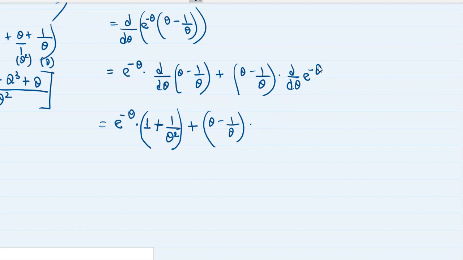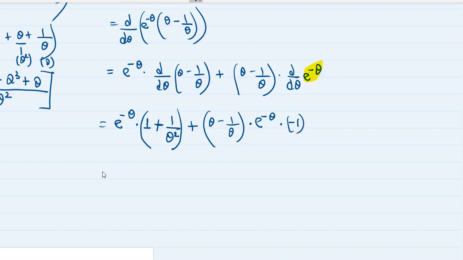So d by d theta of e raised to theta is nothing but e raised to theta, so we'll write this whole thing as it is, multiplied by e raised to minus theta multiplied by d by d theta of minus theta, and d by d theta of minus theta is nothing but minus 1. So all three things are in product with each other.